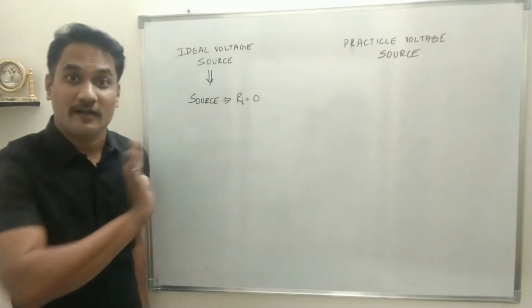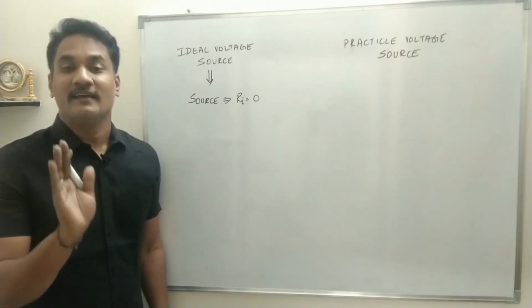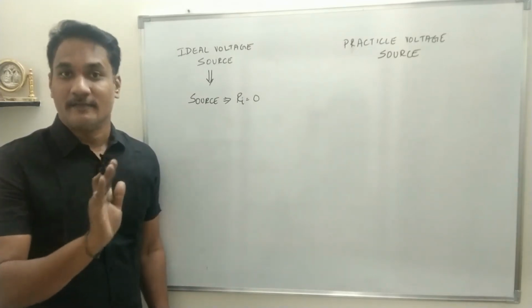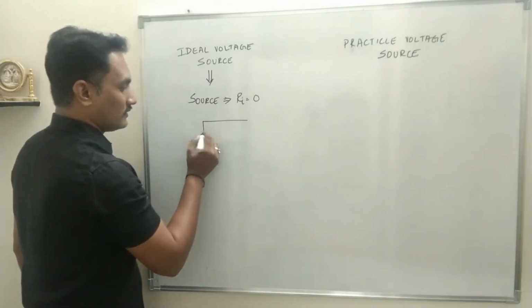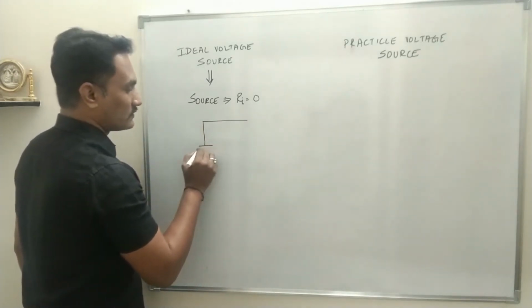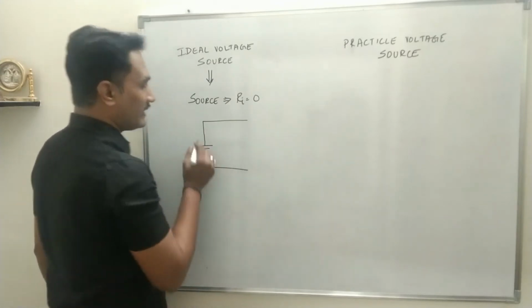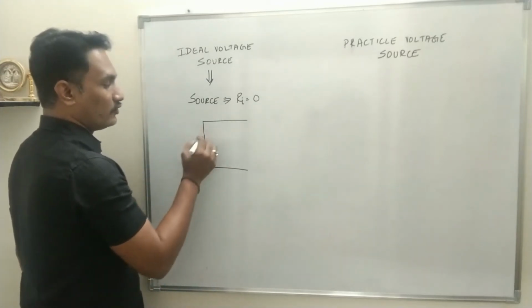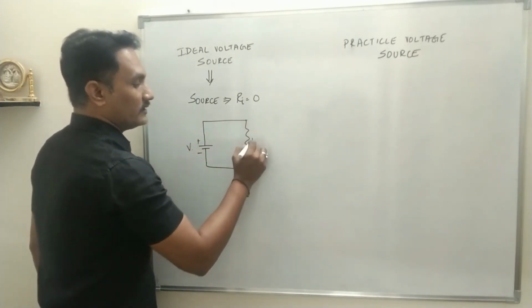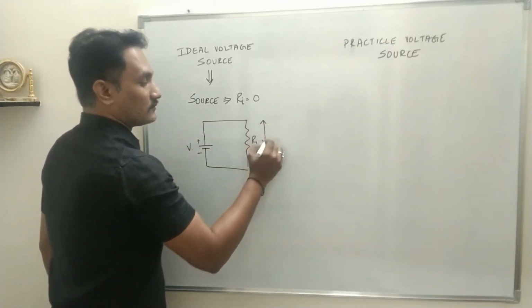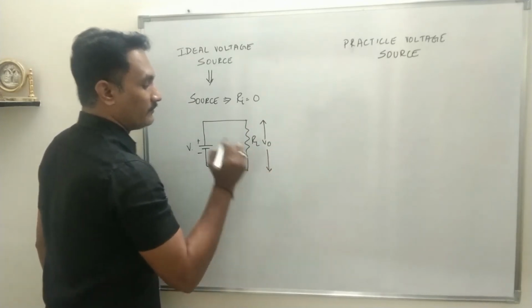That means there should not be any internal resistance or internal impedance of the source. So when I design a particular ideal voltage source, this will be the diagram. There won't be any internal resistance. This is the input voltage and this will be the load resistance across which the output voltage will be taken.